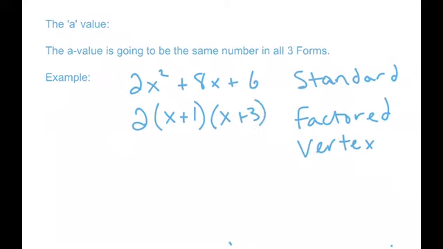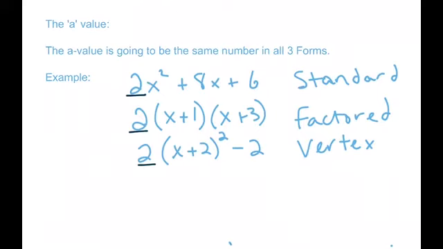Here's factored form. And then the vertex form is also going to have an a value of 2. So the a value doesn't change, so whatever your a value is in one, we need to be sure that we put that same a value in the rest of them.